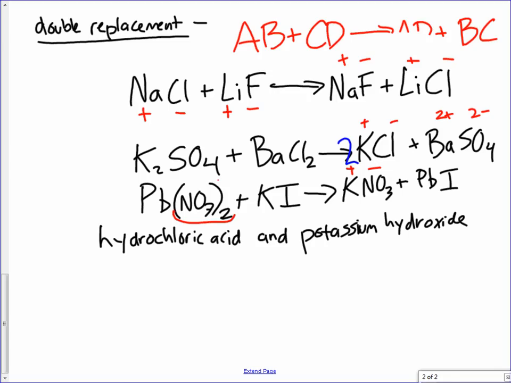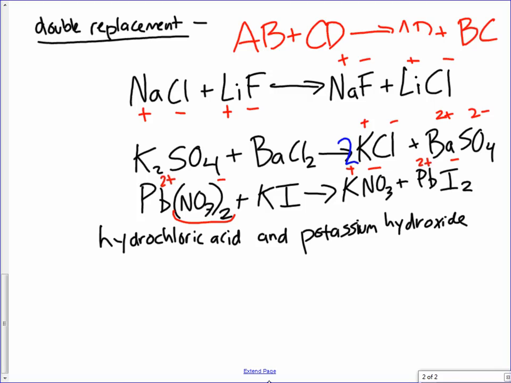If each nitrate's a -1, that means lead must be a +2. So that means lead is a +2 over here. We know iodine's a -1. So it's got to be PbI2. Okay, so there's our equation there.